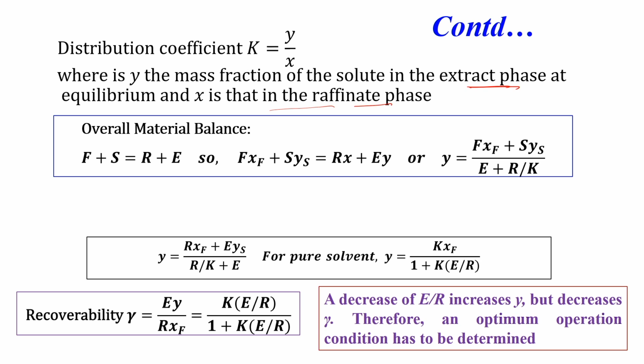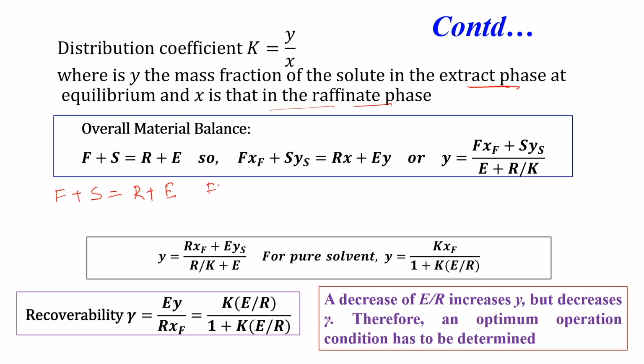raffinate phase. Now, if you do the overall mass balance, what is inlet, F plus S, this equals R, raffinate, plus E, extract. We can write in terms of composition.